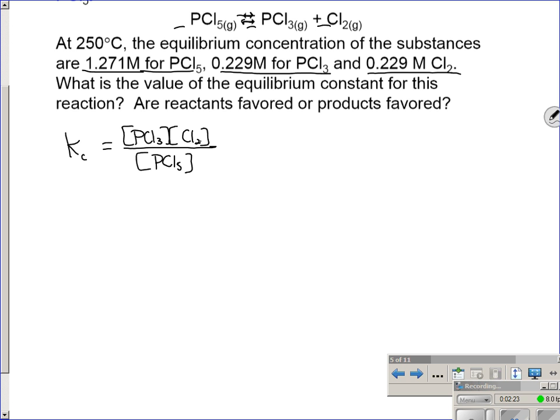So when it says, what is the equilibrium constant? What is the value for it? You're solving here for K. K is what we call the equilibrium constant. The other thing that you should do when you're faced with a problem like this is go ahead and make an ICE chart, just in case you have to do some stoichiometry.